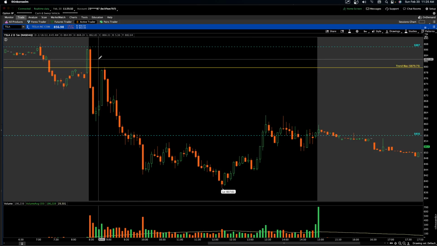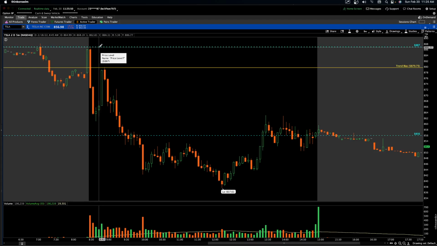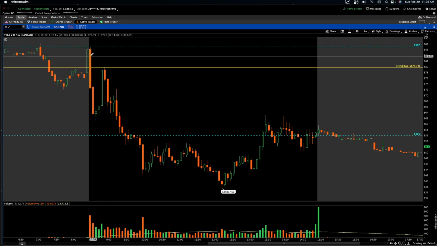Now let's go ahead and identify the 30-minute opening range high and low. All right, so we're going to look at the first 6 candles because it's a 5-minute chart. So 1, 2, 3, 4, 5, 6. So here we are. The high was actually at a resistance level up here that I had drawn on the chart, which makes sense. So the high again of that candle was 886.87.